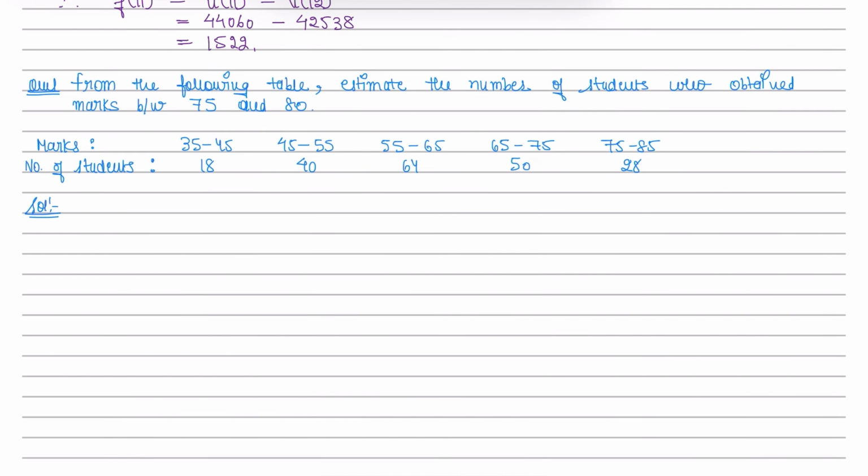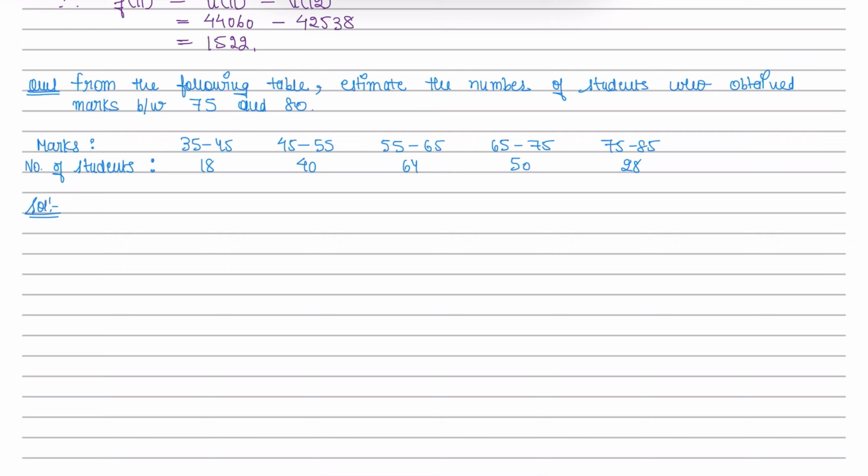Now this question is interesting. This question says, from the following table, we have to estimate the number of students who obtained marks between 75 and 80. But the table we are given is not in the form of discrete values of x.